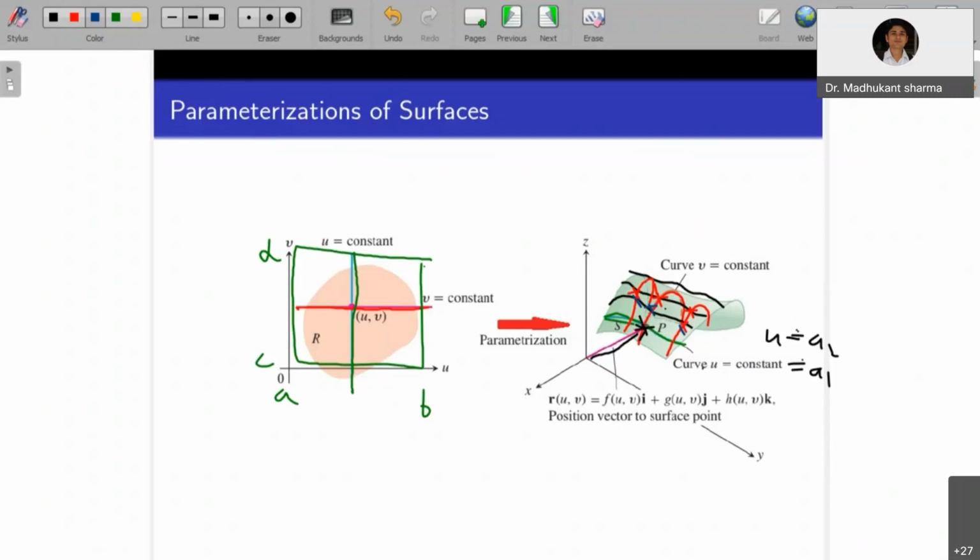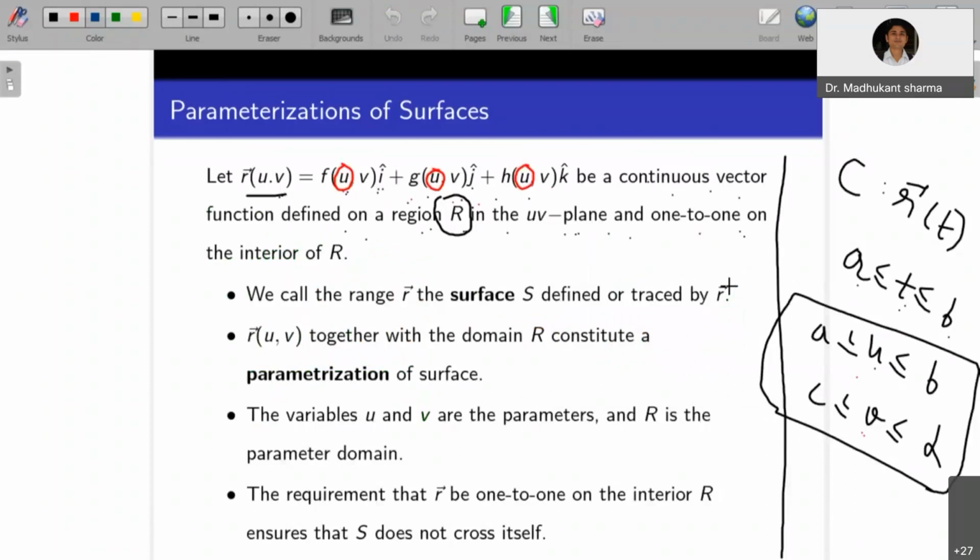It will identify a unique point for each fixing. This is why one-to-one correspondence is required. This is why bijection is important, and it will also ensure that the surface S will not cross itself, meaning there is no self intersection in the surface S.